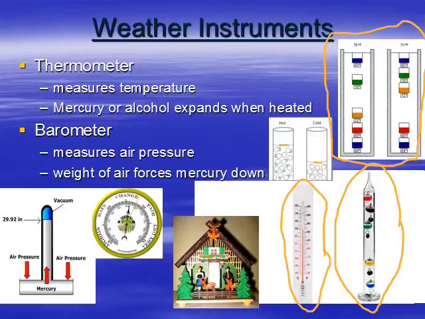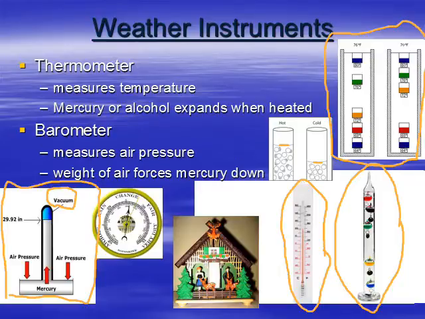Another weather instrument which is very common is a barometer. A barometer measures air pressure. It works similarly to a thermometer. This is a picture of what a traditional barometer looks like, but has a vacuum. That's a space with no air in it that the mercury would go up into.